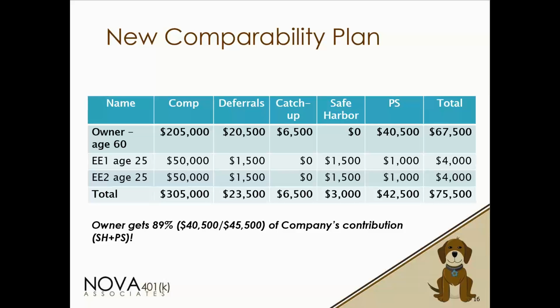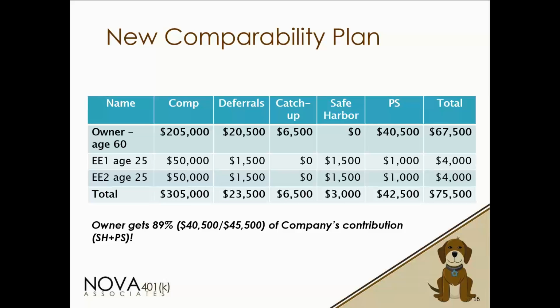Each of these are in their own profit sharing group, even though we're giving the same percentage to the NHCEs. So employee one and employee two are both getting $1,000 in profit sharing plus $1,500 in safe harbor. So that's that 5% minimum gateway there.